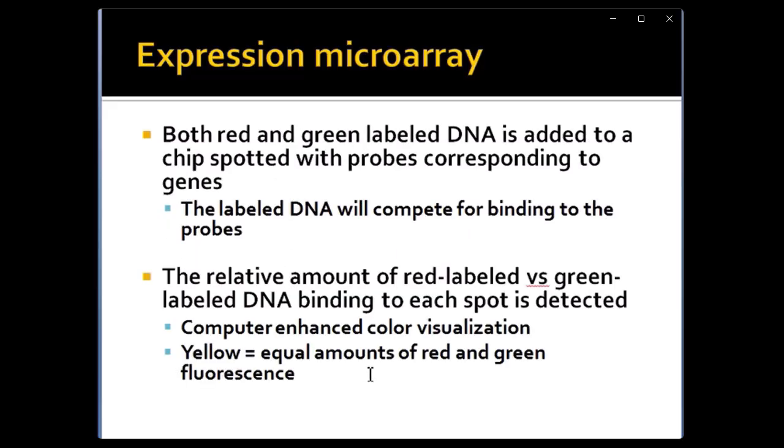And the relative amount of red versus green labeled DNA that binds to each spot can be measured. Green fluorescence is measured, then red fluorescence is measured, and then computer programs are used to combine those data and present an image that's color enhanced, and yellow is used to indicate an equal amount of red or green.